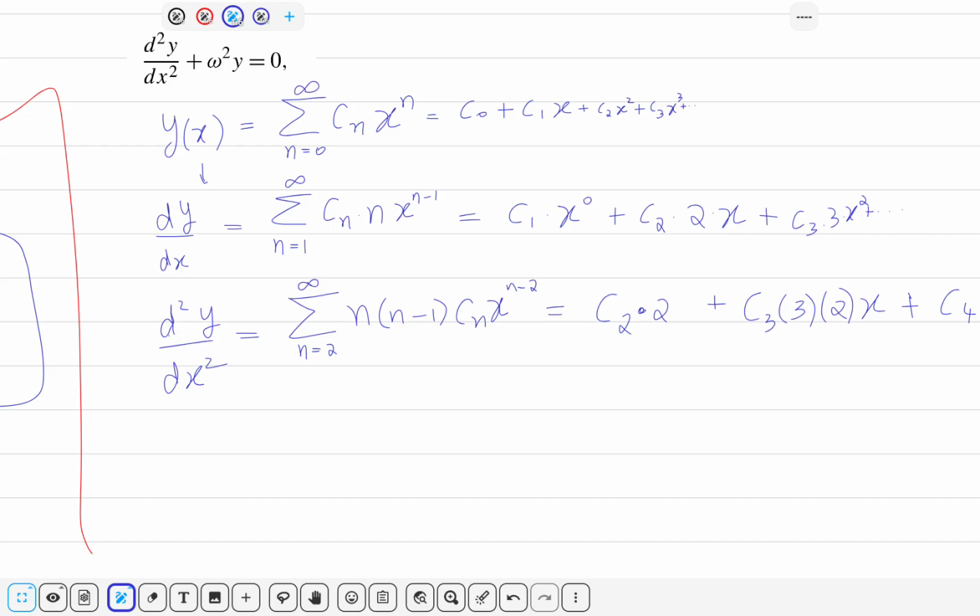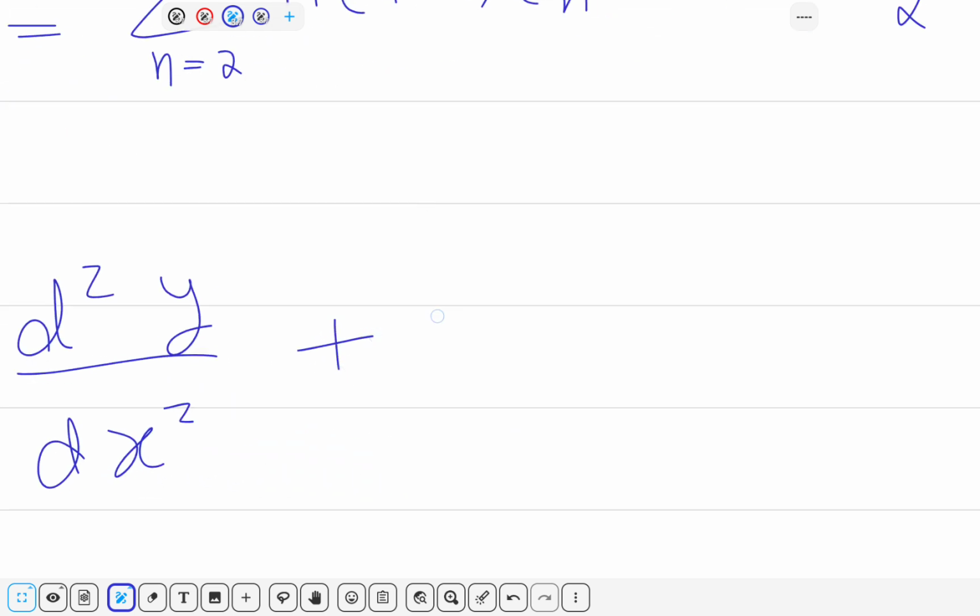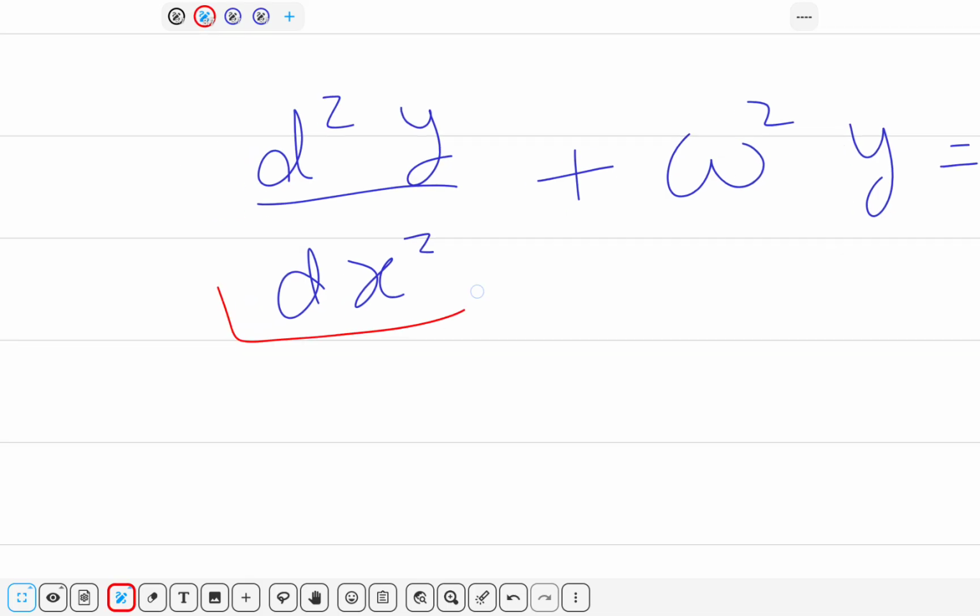Now I know that this is the case, right? d square y by dx square plus omega square y equals to 0, and I know what the values of these are.